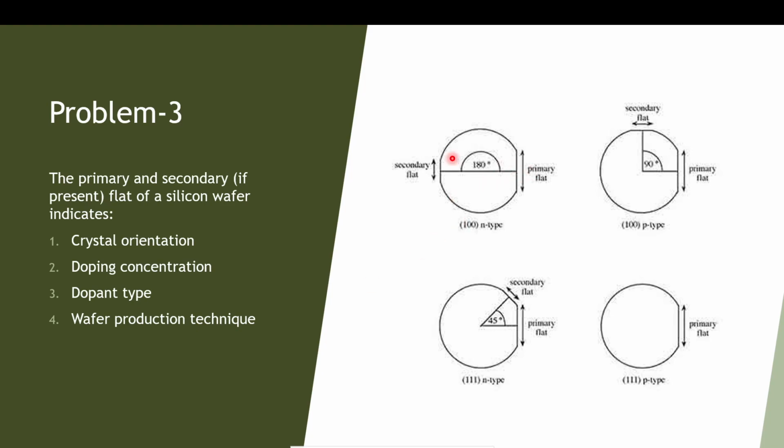So if my two flats are opposite to each other, I'll simply say that it is 100 N type. I don't even need to know the crystal orientation separately. There are different combinations of these angles that they have made and standardized, so we can easily tell the orientation as well as the dopant.